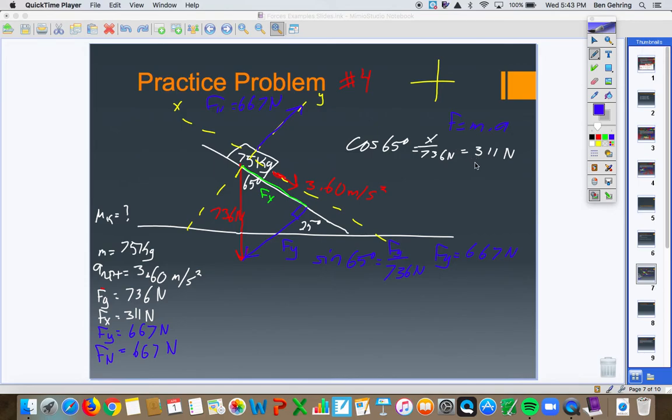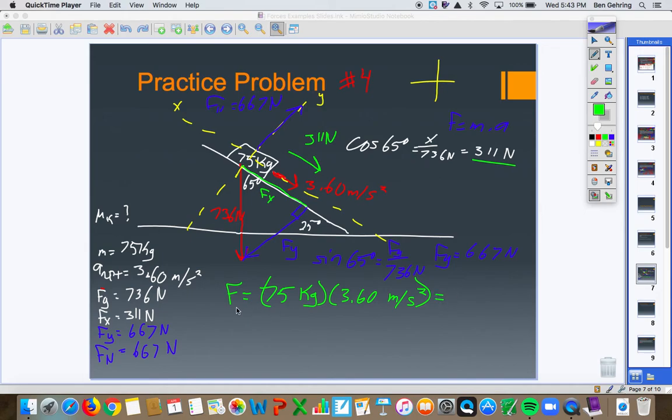Now, I have all of this. I know that I have 311 newtons going in the x direction, in the x plane here. So I should have a force of 311 newtons this way. But I have a net acceleration of 3.60 meters per second squared. So if I take 75 kilograms, I can calculate my force is equal to 75 kilograms times my net acceleration of 3.60 meters per second squared.